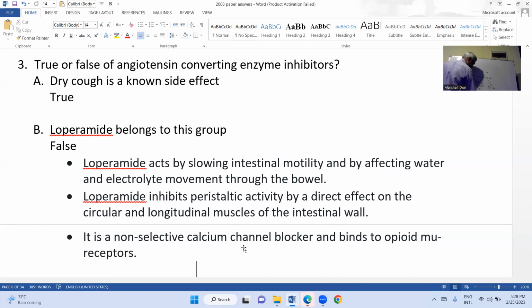Angiotensin 1 is converted to angiotensin 2 by ACE released from the lungs. Angiotensin converting enzyme comes and does this part. So angiotensin 2 is the active compound.